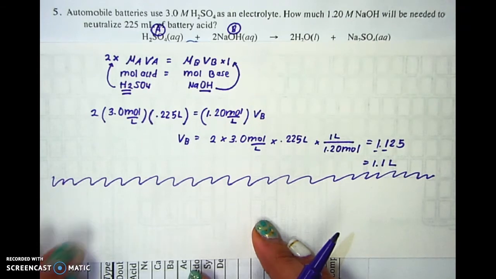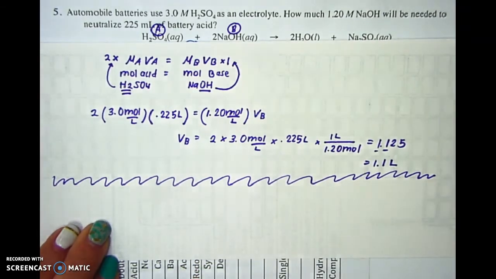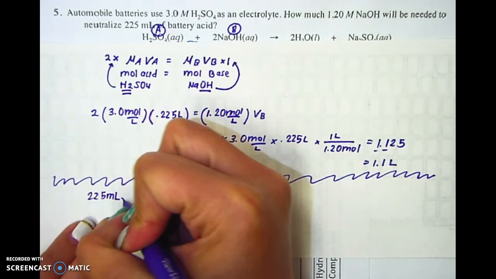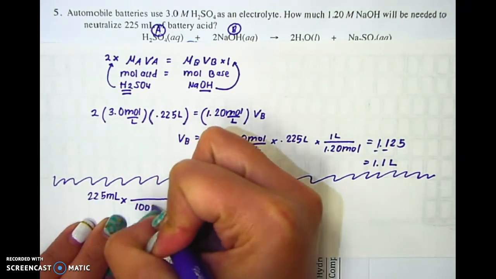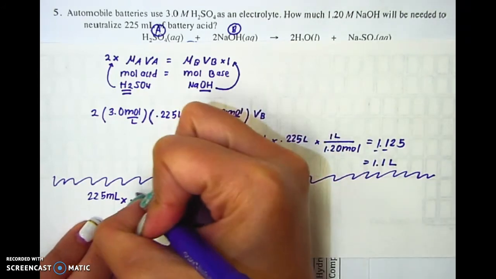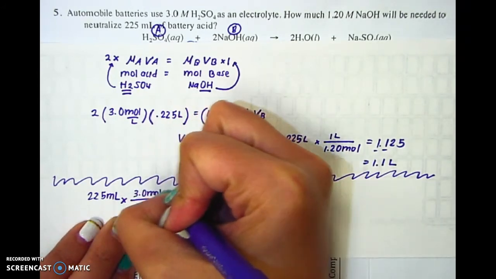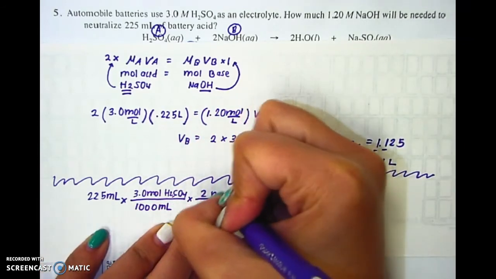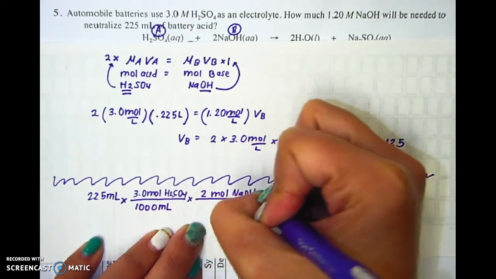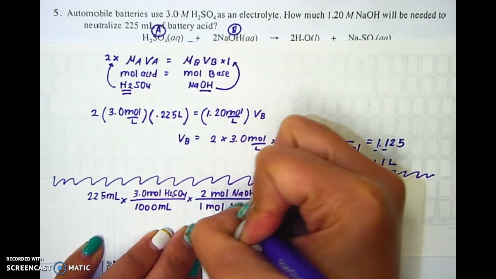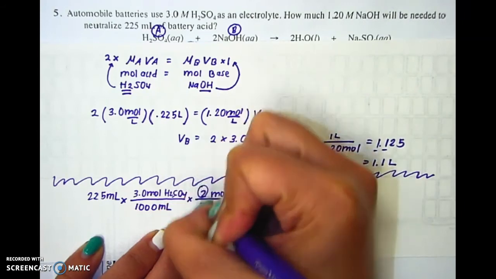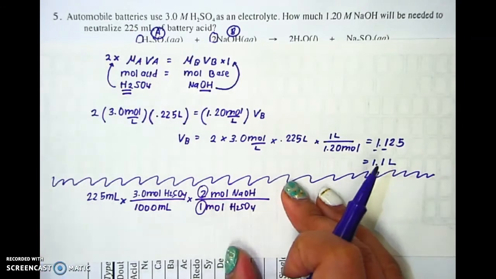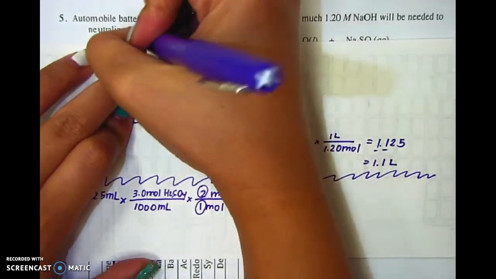So if I set this up that way, you're just going to take your 225 milliliters of my acid, and this is just using our roadmap. It's 1,000 mils of my acid over 3 moles of H2SO4. We have 2 moles of sodium hydroxide over 1 mole of this. And remember, from this, we actually are going to be using our coefficients of 2 and the 1 right here. And that gets incorporated into my equation.